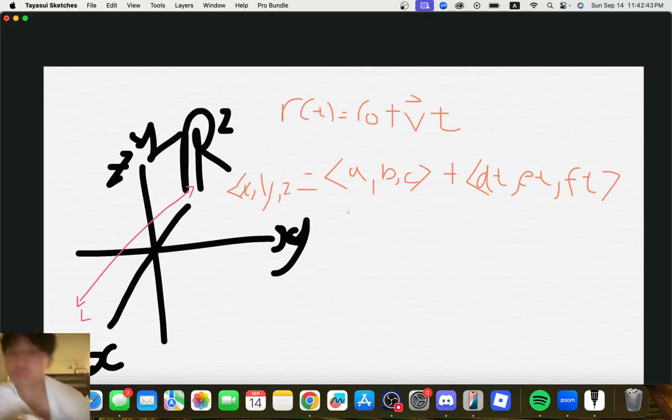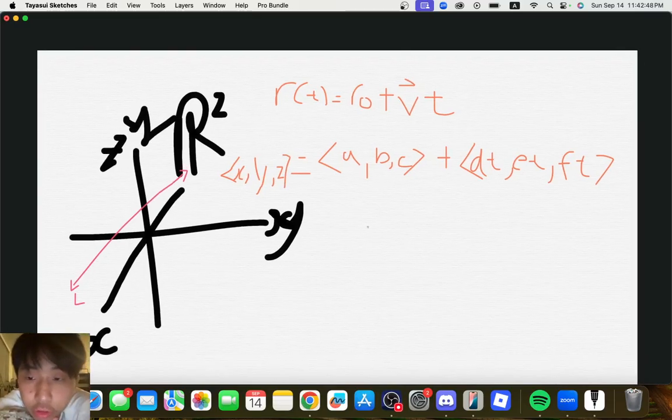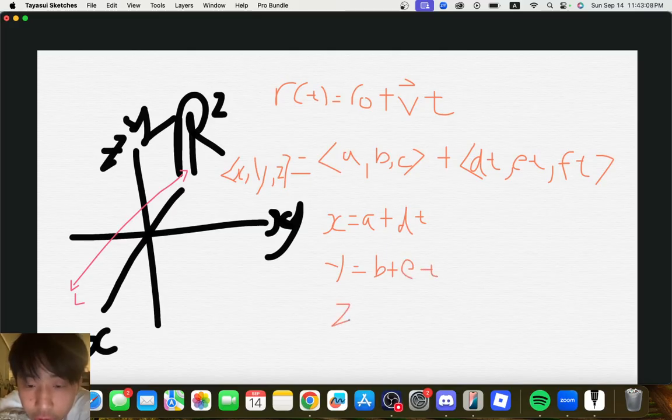And in order for this vector or this whole equation to be true, you must observe that x equals a plus dt, y equals b plus et, and z equals c plus ft.